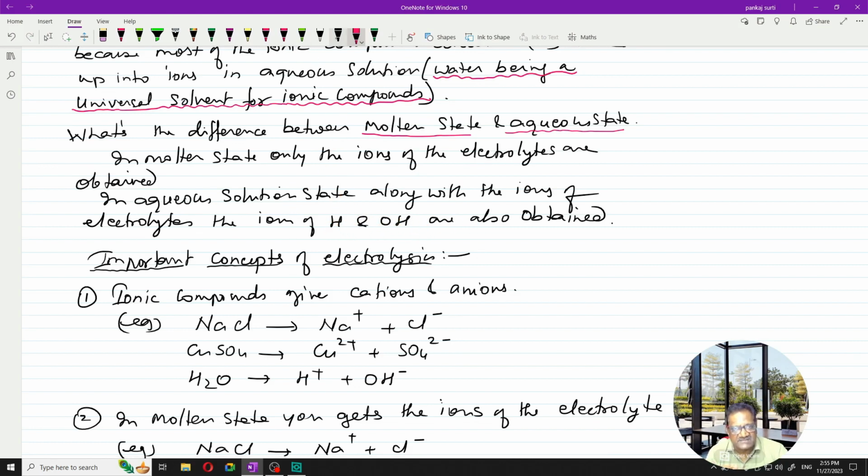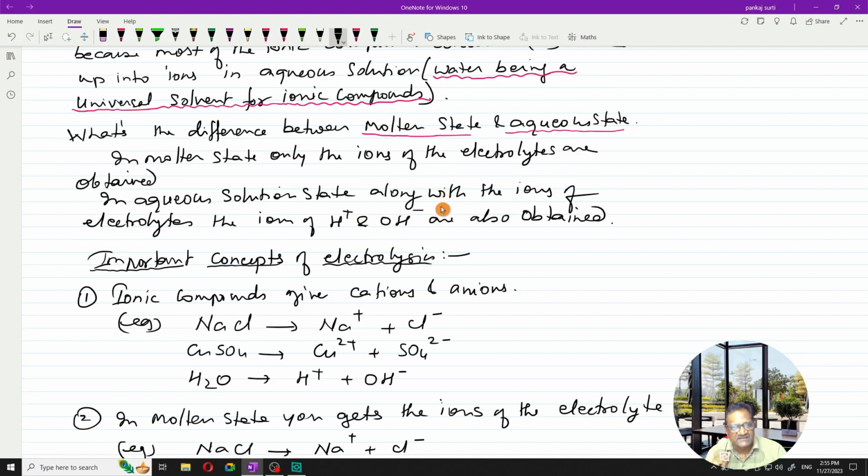So this hydrogen ion and OH ion will also be obtained along with the ions of the electrolyte. So in the aqueous solution you will be getting more number of ions, and in the molten state you will be getting only the ions of the electrolyte.